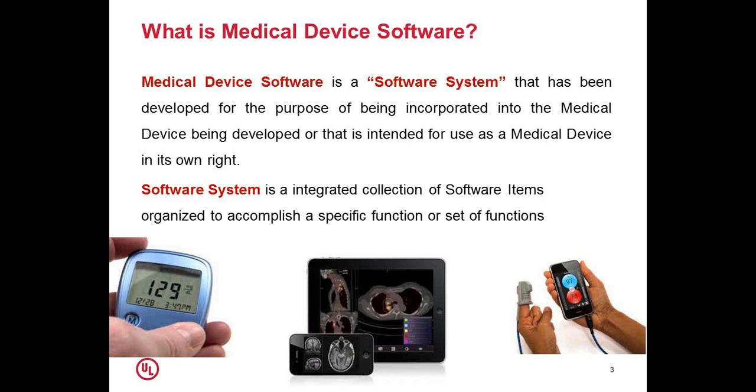You can see here the BP meter or the glucose meter, which shows the glucose level of a person, for which you would have had the software items which you have programmed and developed such that the display is visible and accurate enough. So the software behind this particular medical device becomes a medical device software.